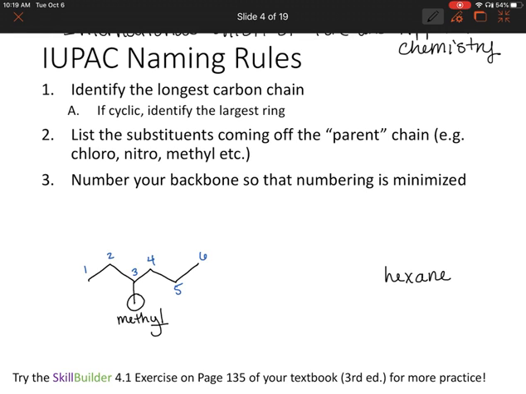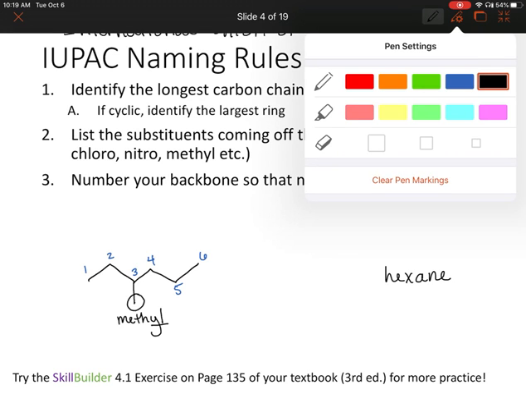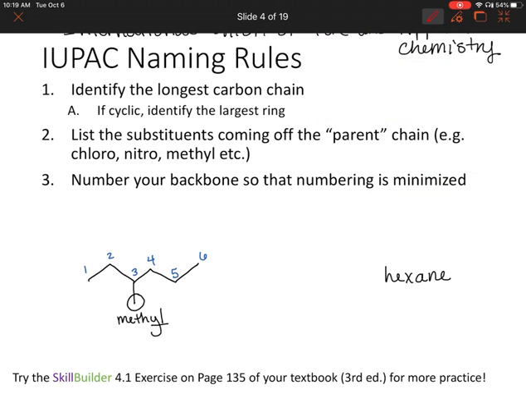So now we have to indicate where the methyl group is on this carbon chain. Now there is another way we could have numbered this chain, and let me actually move my 5 up above. We could have named this starting from the right-hand side. So 1, 2, 3, 4, 5, and 6. That means that that methyl group is either on the 3rd carbon or the 4th carbon, right?